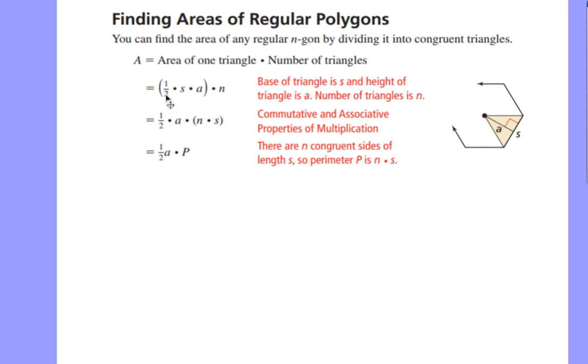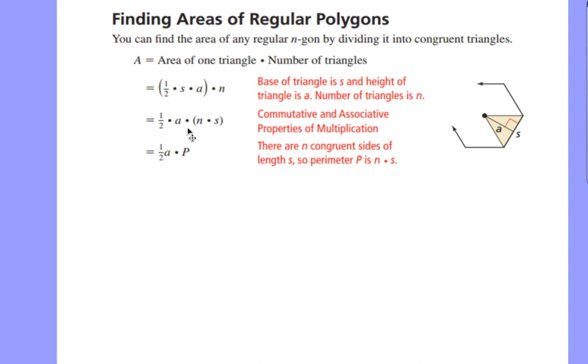So it's half times the base, the side length, times A, our apothem, times the number of triangles that we have. If we use our commutative and associative properties of multiplication, that's the same as half of the height times the number of sides times the side length.